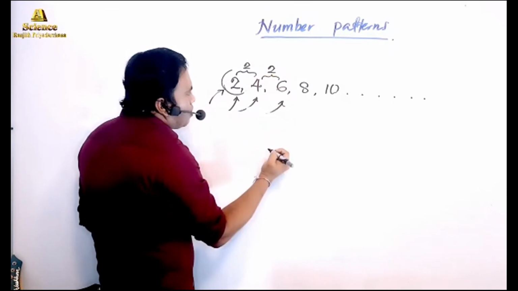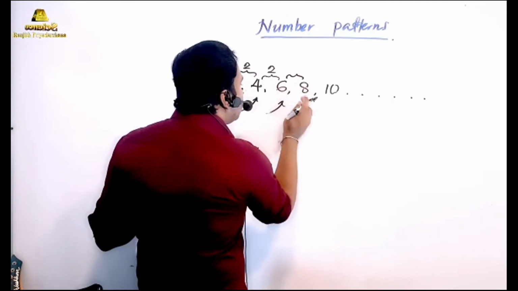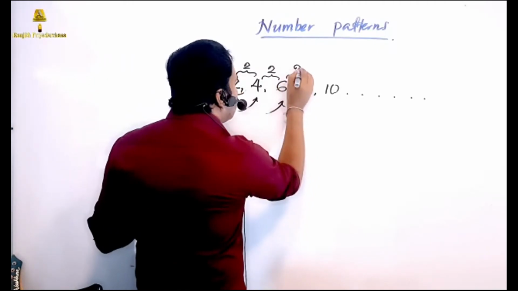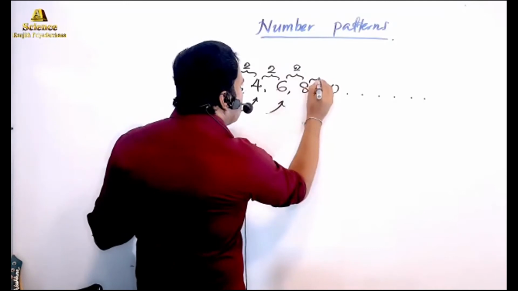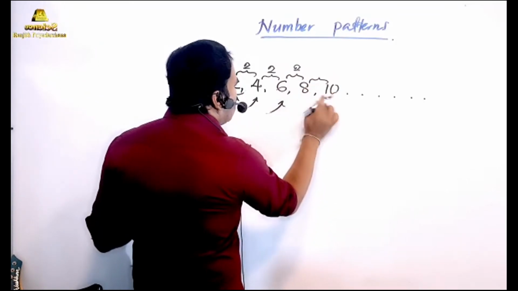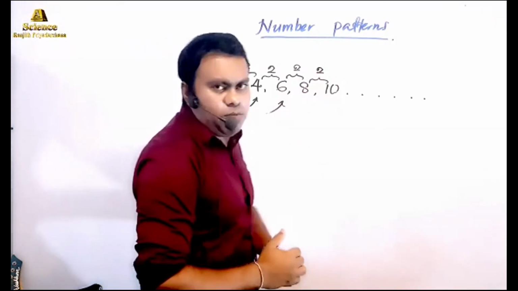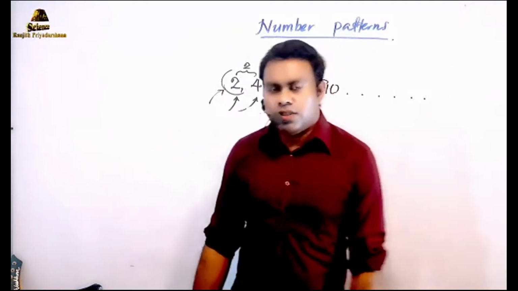Here also, the difference between two numbers is 2. So the pattern is multiples of 2. Very good answer.